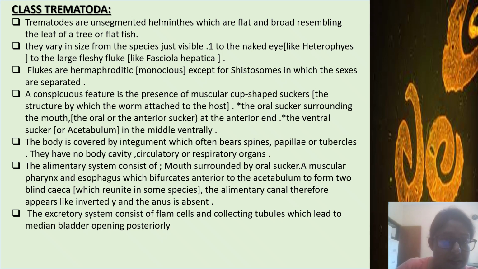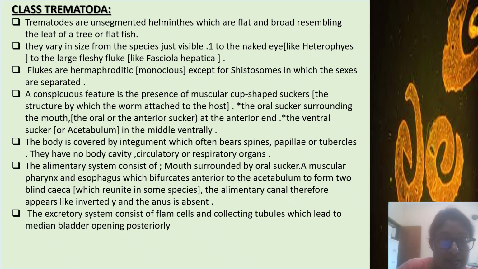A conspicuous feature is the presence of muscular cup-shaped suckers, the structure by which the worm attaches to the host: the oral sucker surrounding the mouth at the anterior end and the ventral sucker in the middle ventrally. The body is covered by integument which often bears spines, papillae or tubercles. Next, they have no body cavity, circulatory or respiratory organs.